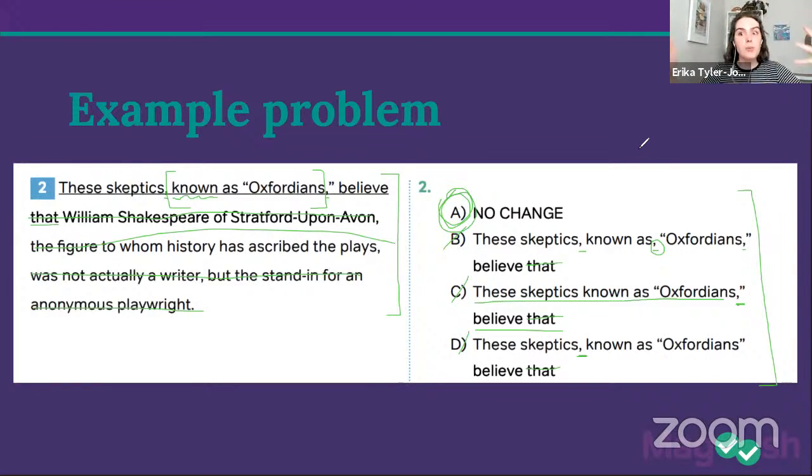Or are we dealing with multiple skeptics and I have to know their names? That would be a much harder question. They don't do that here. They theoretically could. There we might need to look at the context a little bit more. But with this question, we need to know the rules about commas and modifiers. And we need to think a little bit about the meaning. Which part is the modifier?